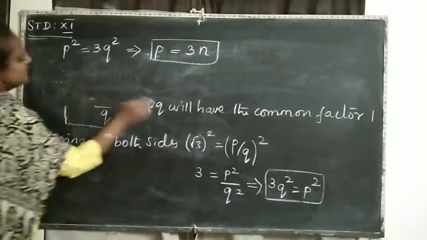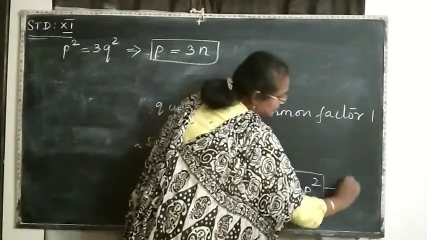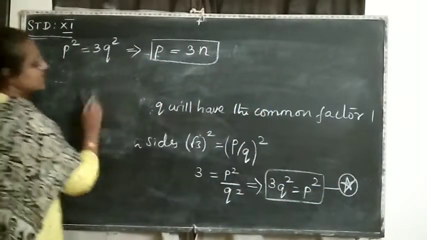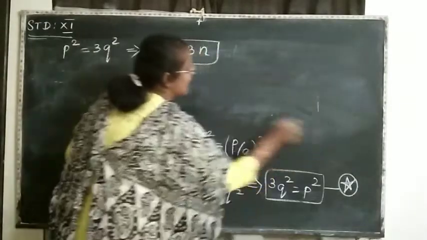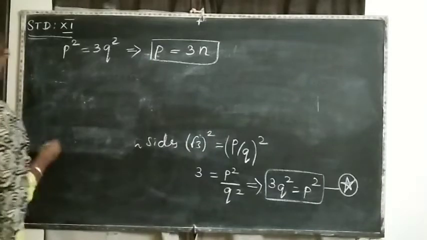Now let's take this equation as the star equation. In the star equation, I am going to substitute p is equal to 3n.